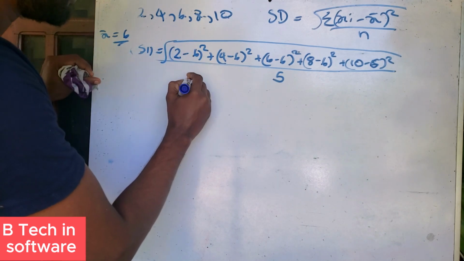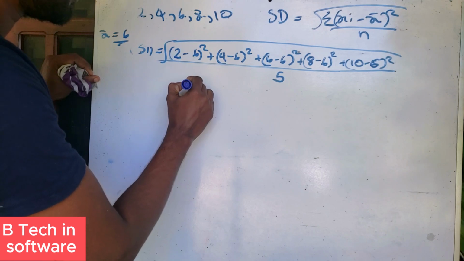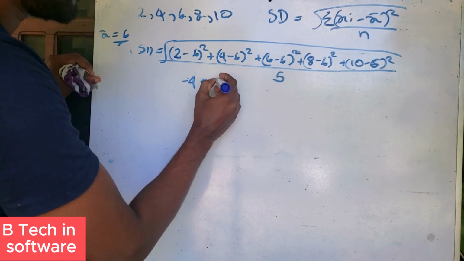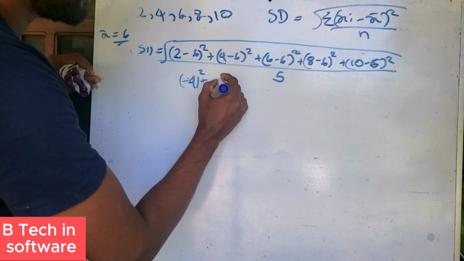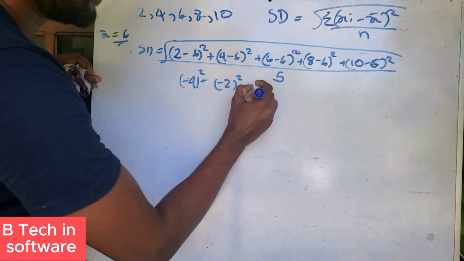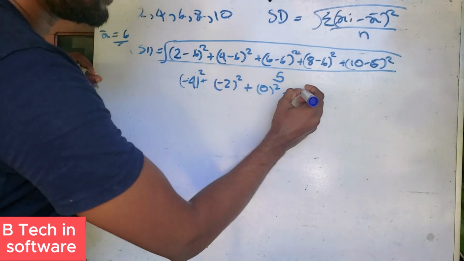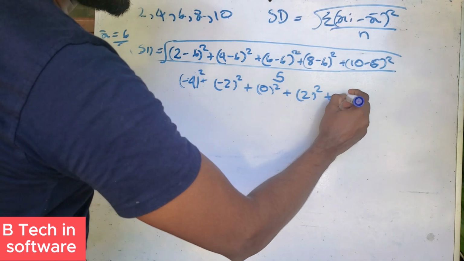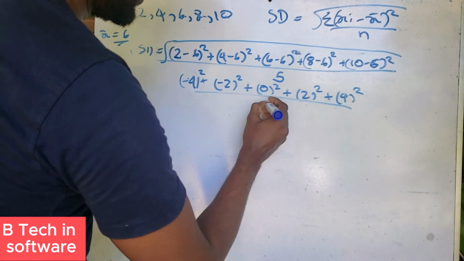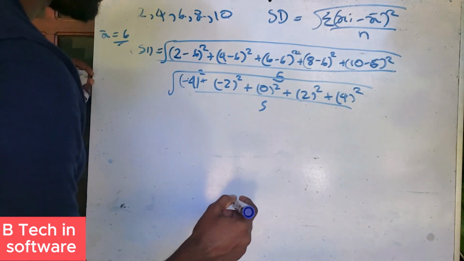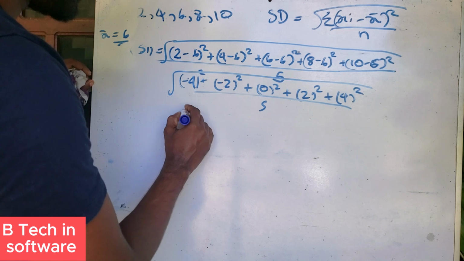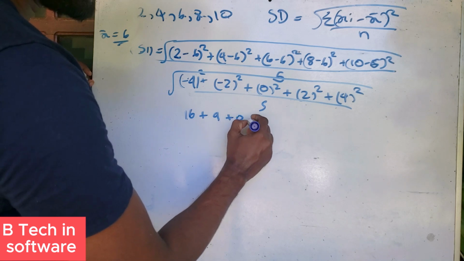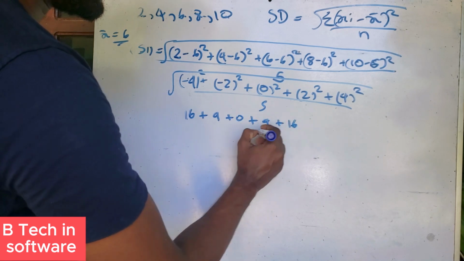Now here, minus 4, minus 2, plus 0, plus 2, plus 4. Squaring gives 16, 4, 0, 4, 16.